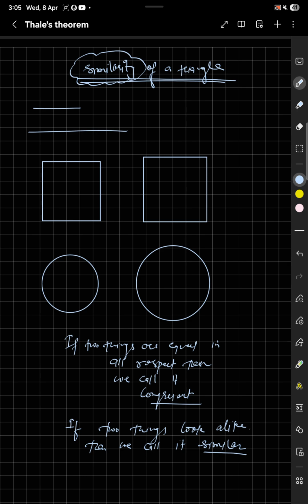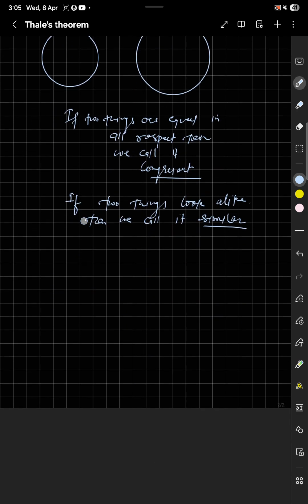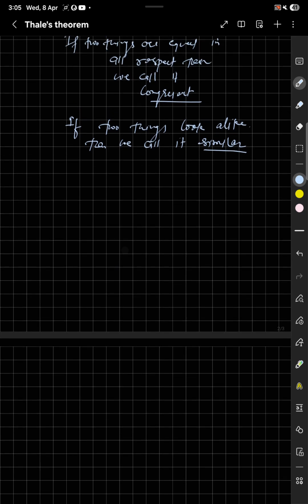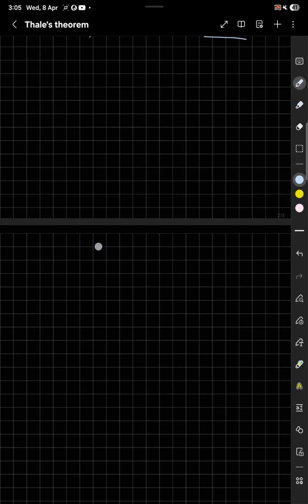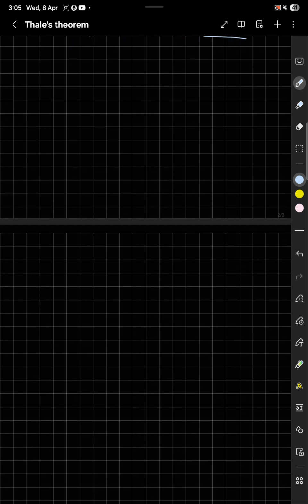If we talk about the similarity of triangles, the basic idea is to prove two triangles are similar. Firstly, there are two things you will have to prove. The first thing is that corresponding angles are equal.